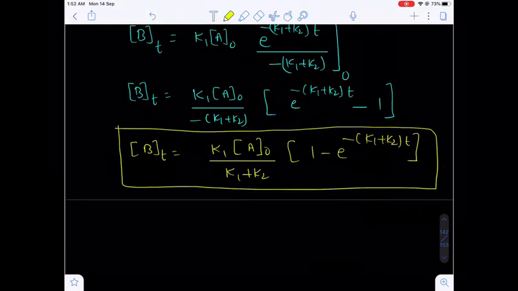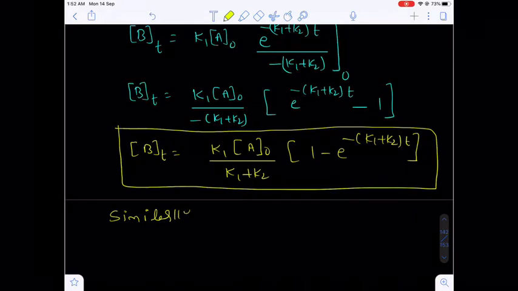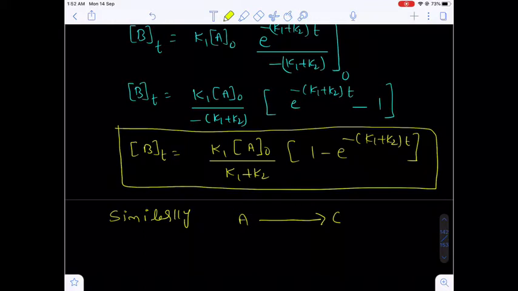Similarly, if you want to calculate the concentration of C at a time interval t, the formation of C from A is also first order kinetics with rate constant K2.